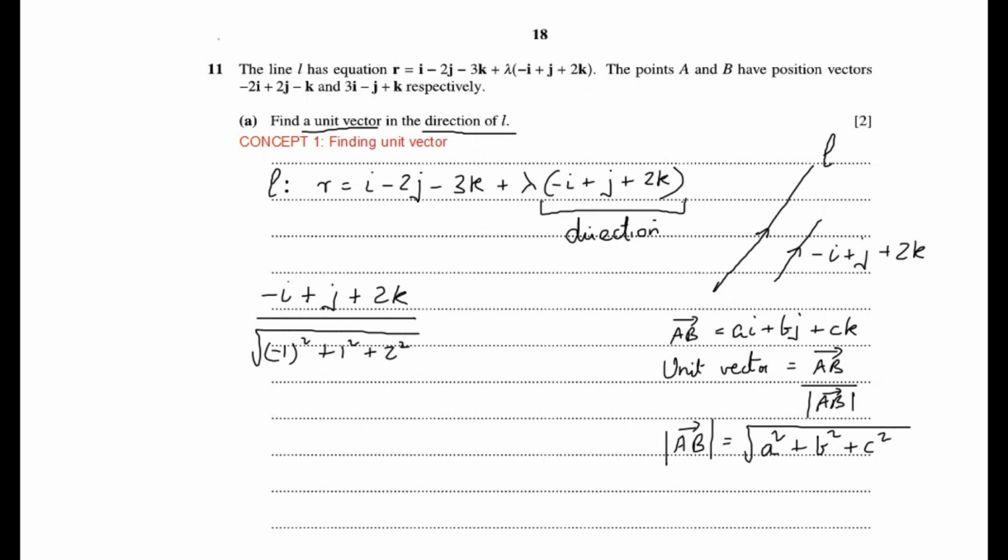So that gives us negative i plus j plus 2k by root 6. We don't need to actually separate it out unless they ask us to. So 1 by root 6, the whole into minus i plus j plus 2k is the unit vector in the direction of L.